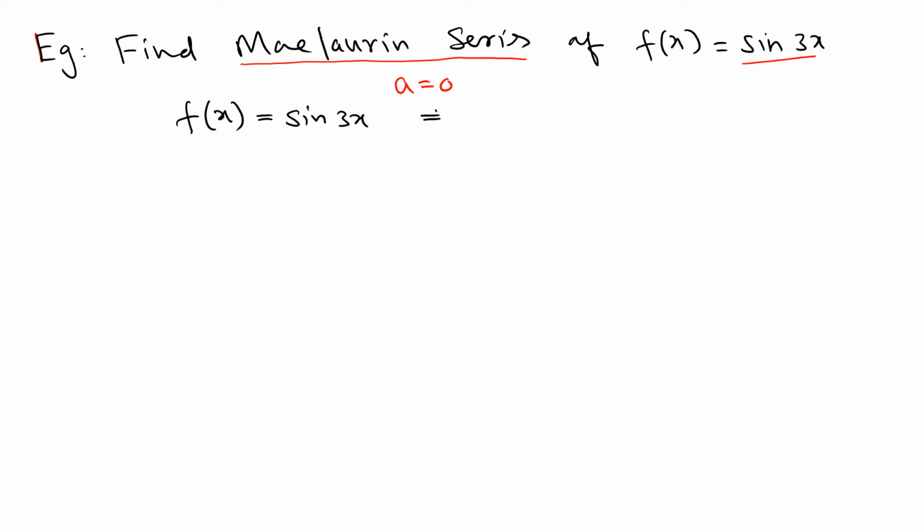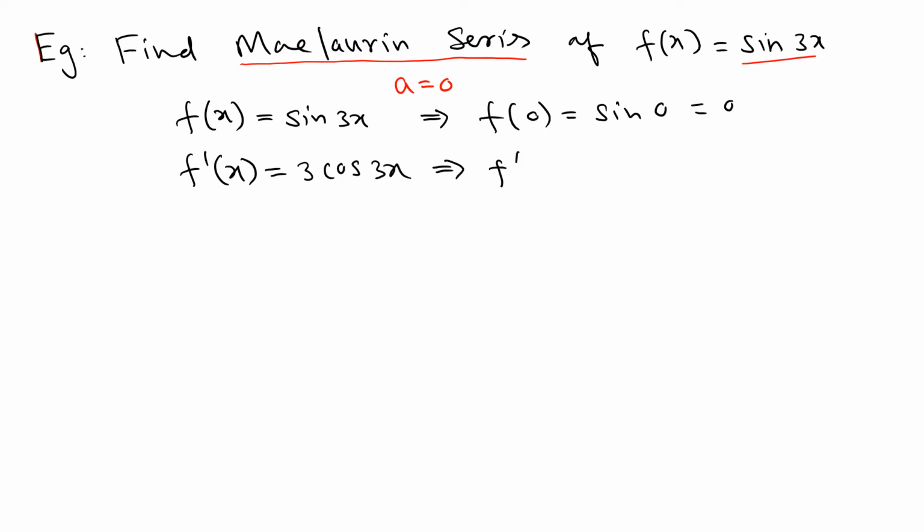We're going to start with f(x), which is the function sine 3x. What is the first step? You can evaluate at 0, a equals 0. If you evaluate at 0, we're going to get sine 0, which is 0. And then we can take the first derivative. By the chain rule, sine becomes cosine and multiply by the derivative of 3x, which is 3, so that means 3 cosine 3x. And then we can evaluate this at f prime of 0. We plug in 0, which is 3 cosine 0.